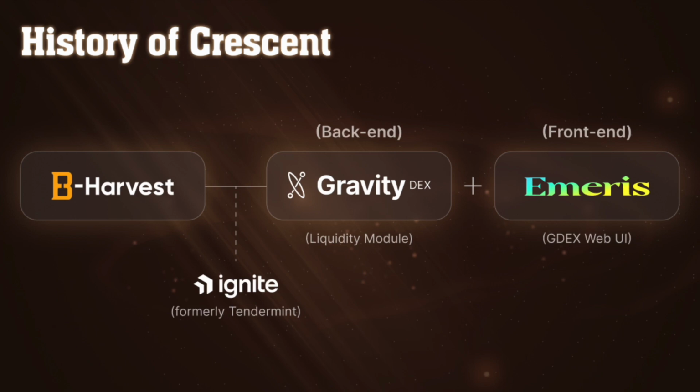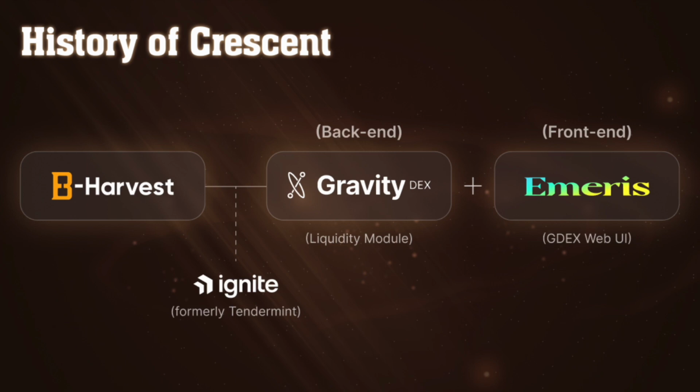So, what's Crescent Network? Crescent was born as a result of the collaboration between the Ignite team and the Tendermint and bHarvest validator. Ignite team was responsible for the blockchain agnostic crypto portal and front end.